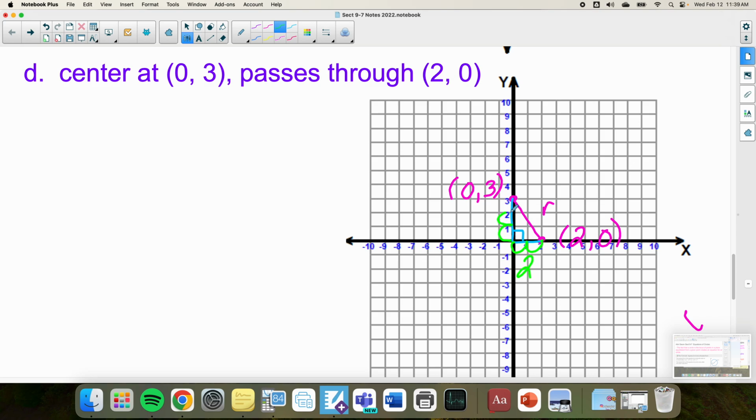This is 1, 2, 3. And you get that this could be my A, this could be my B, this could be my C. So if I do A squared plus B squared equals C squared, my A is 3 squared.